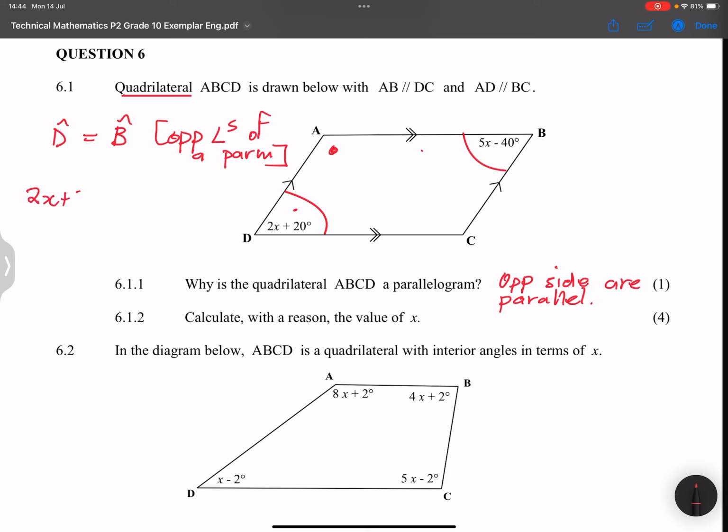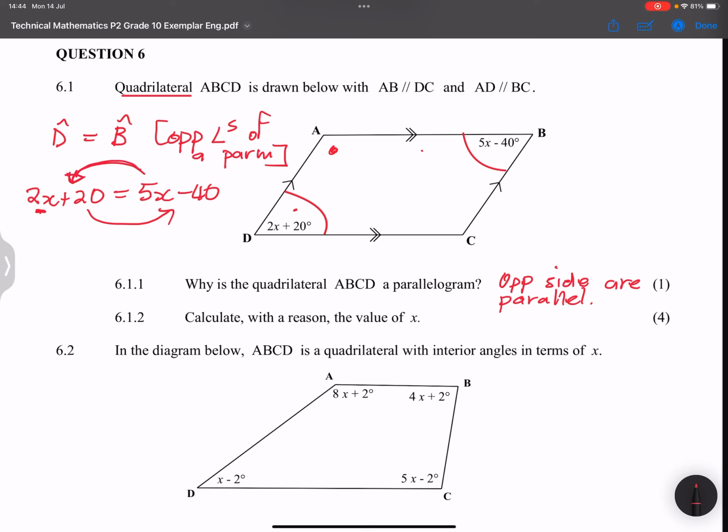All right, so that means 2x plus 20 is equal to 5x minus 40. Okay, so let's try and work this out together. So I'm going to take the 5x to the other side and the 20 to the other side. So I've got 2x minus 5x. Remember that it will change sign, right?